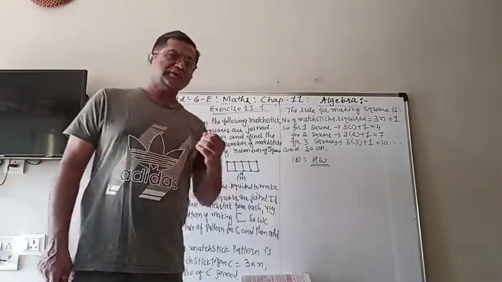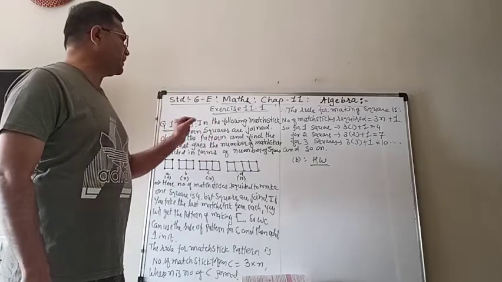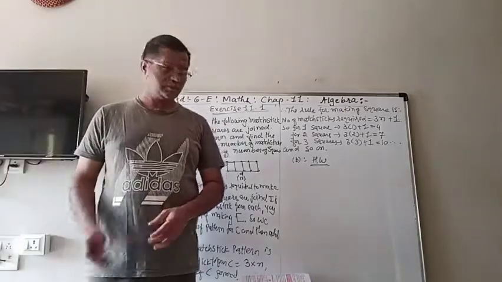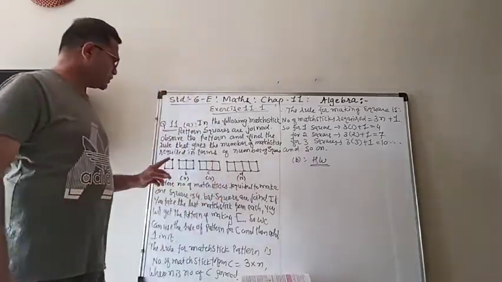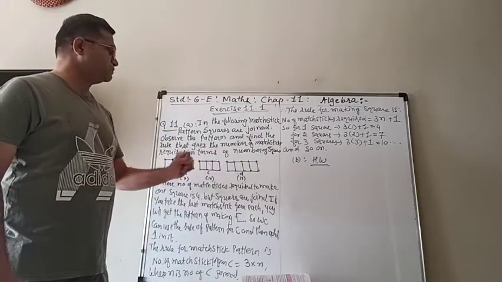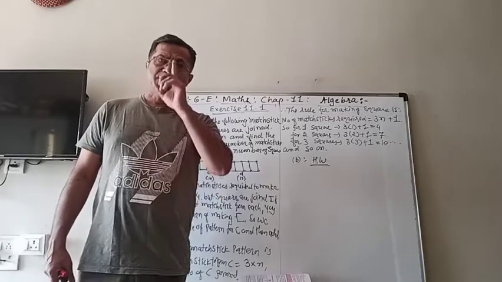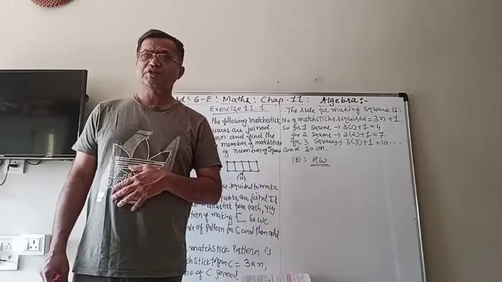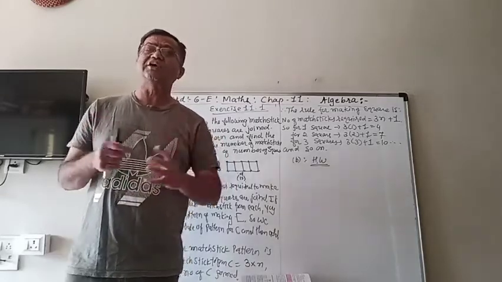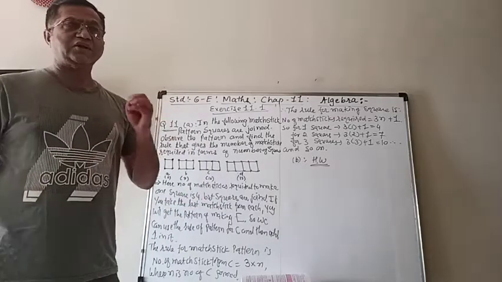Now in the exercise 11.1, the last question, in which a matchstick pattern to make squares is given. But the problem is that all the squares are joined. They are not separate.